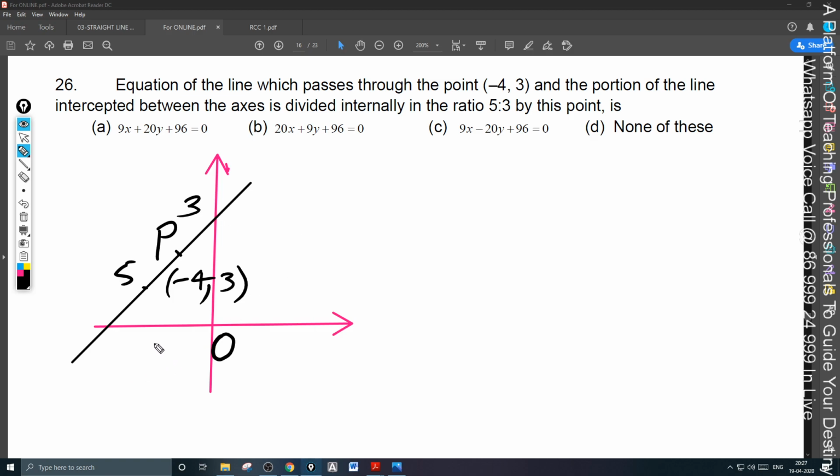Now let me write the points. The first point on the x-axis, we don't know. Let it be some (a, 0). We don't know this point. Let it be (0, b). Apply the ratio formula: 5 into 0 plus 3 into a.